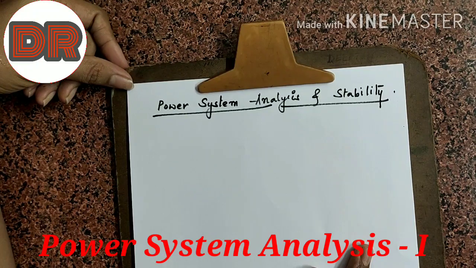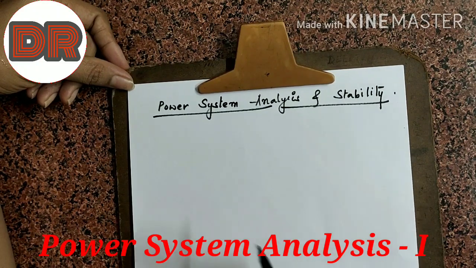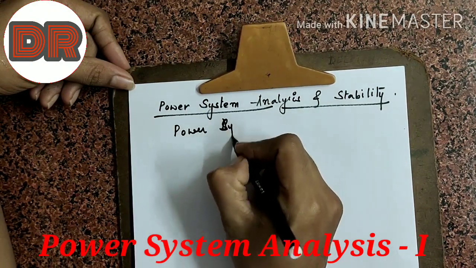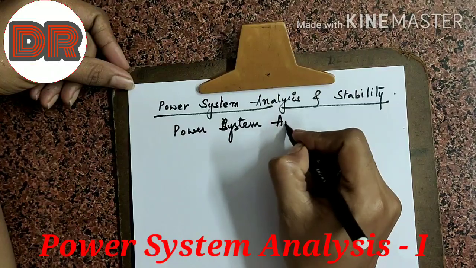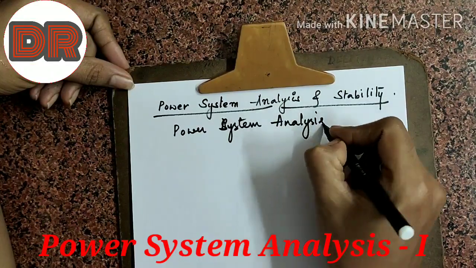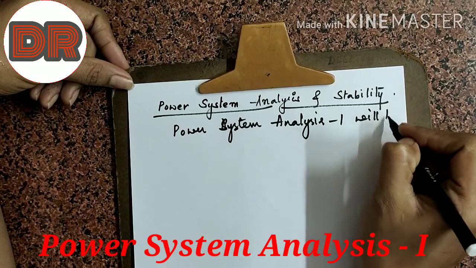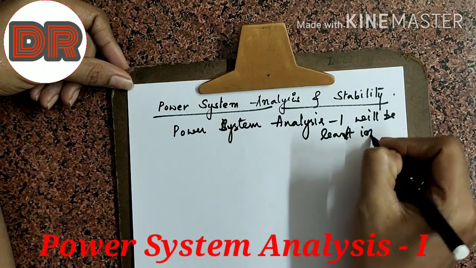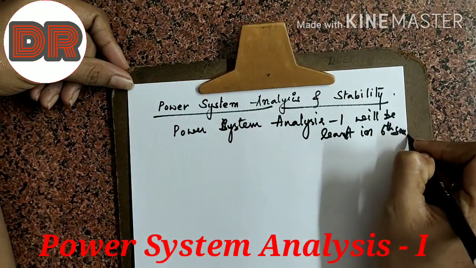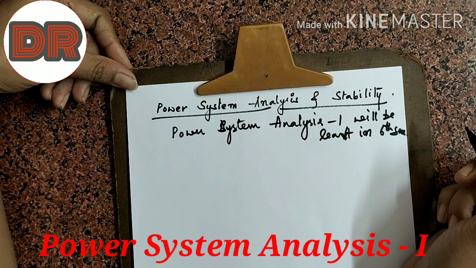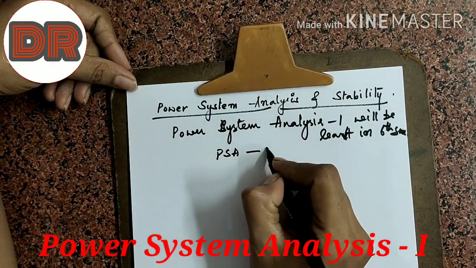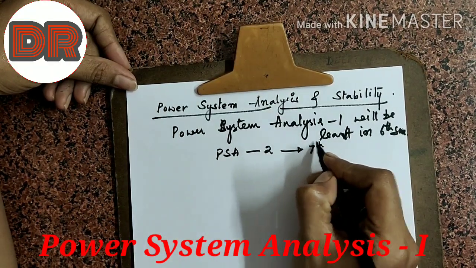In 6th semester, the subject to be learned is power system analysis 1, and in 7th semester it's a continuation of power system analysis 1 and is named power system analysis 2, briefly PSA 2.